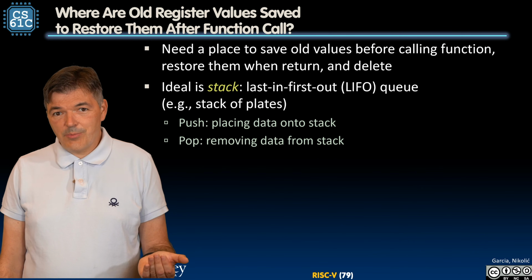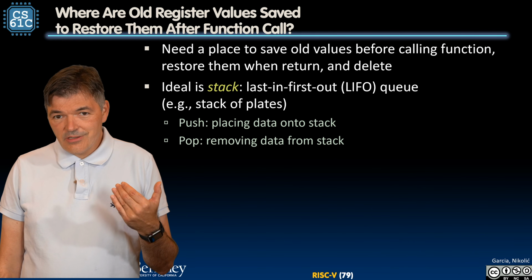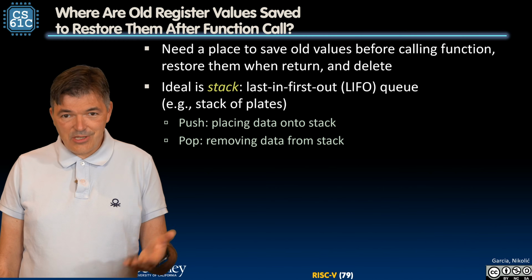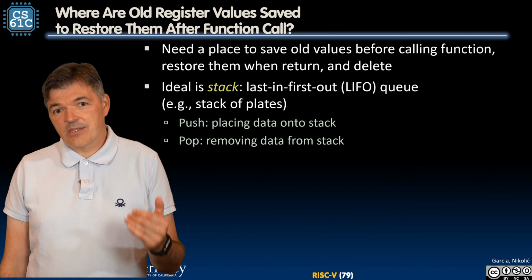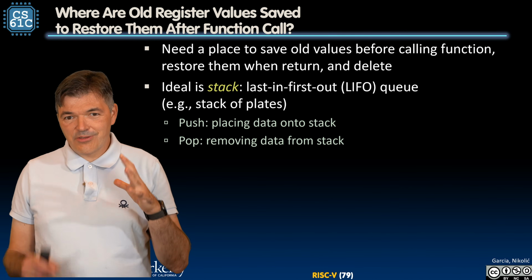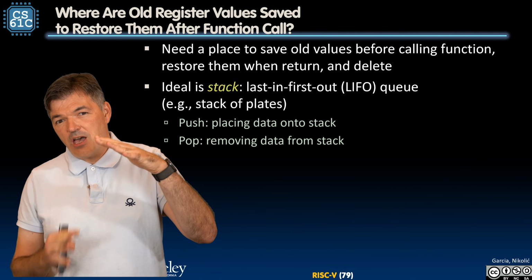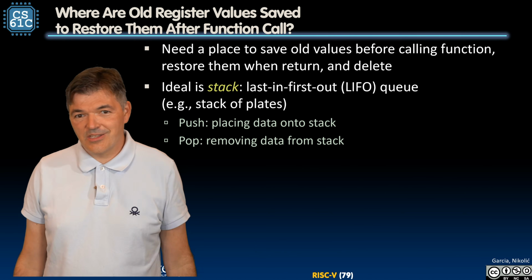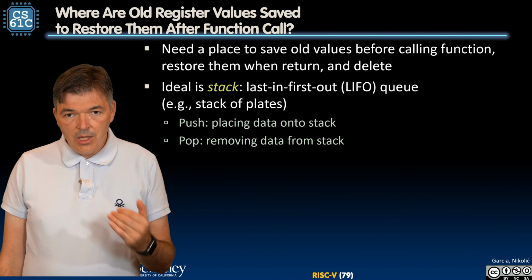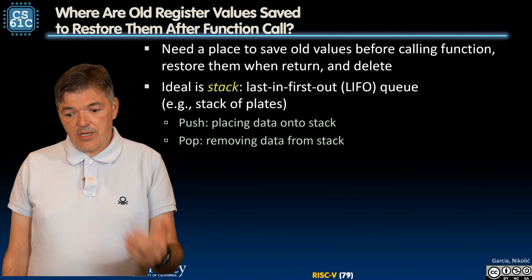There is an ideal structure in memory that is used for that. That's the stack. And at this point, you should really make a connection between the meaning of a stack in C and how it is physically realized in assembly. It's a last in, first out structure.